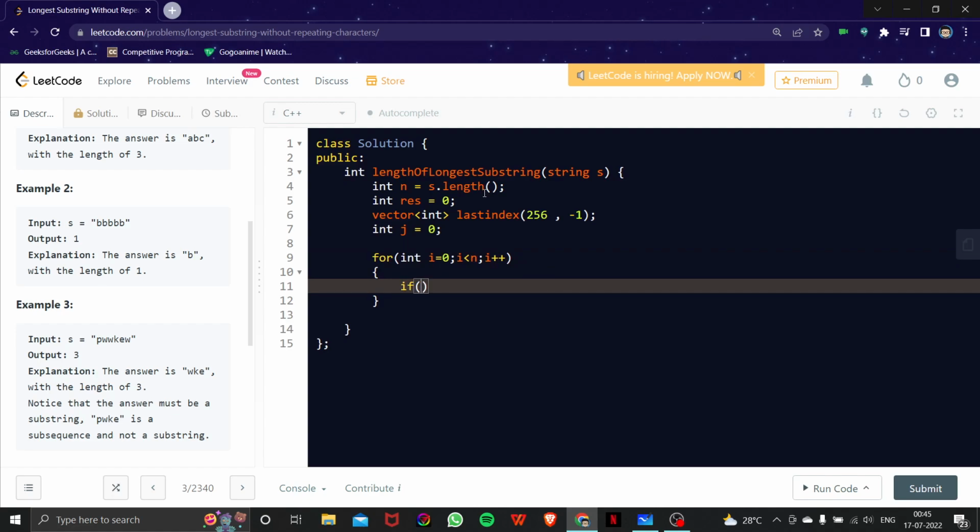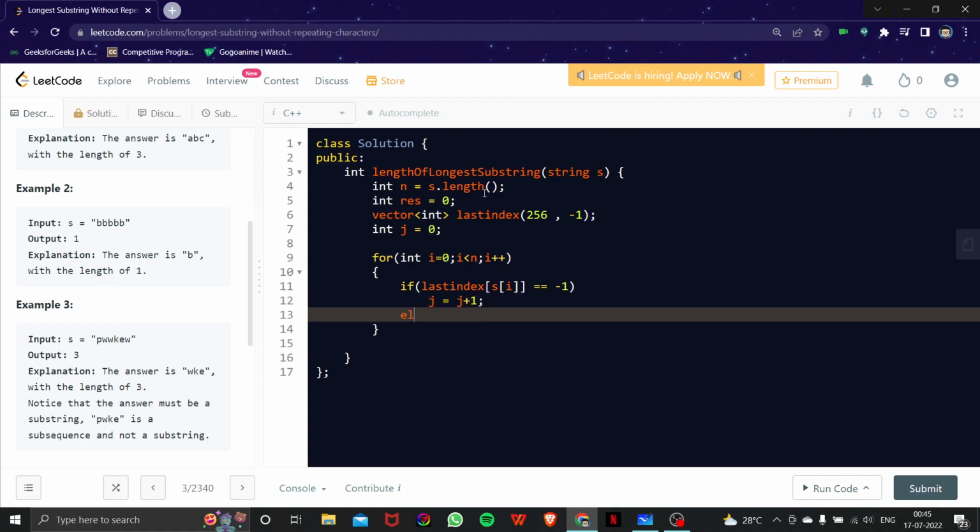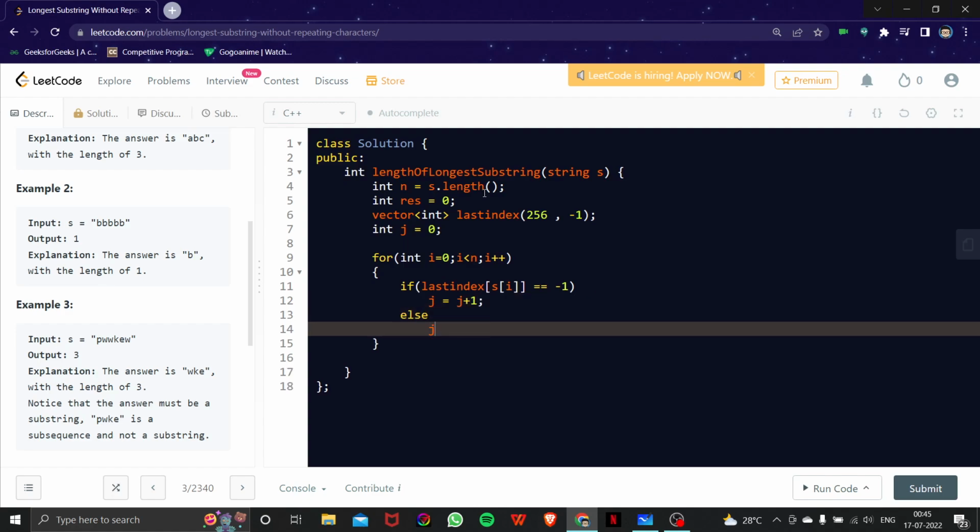If last index of s[i] is unset, that means we have encountered our character for the first time. So we'll just increase j, right? Else j is going to be i minus last index of s[i].